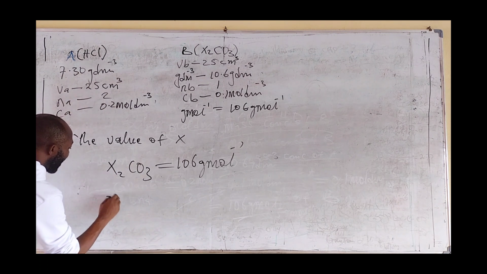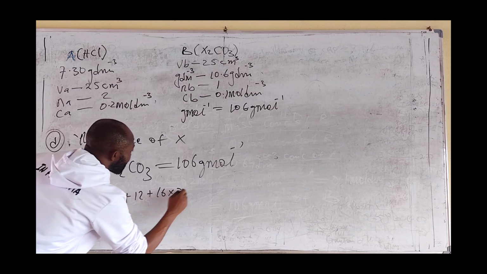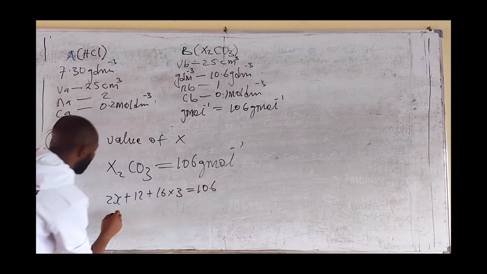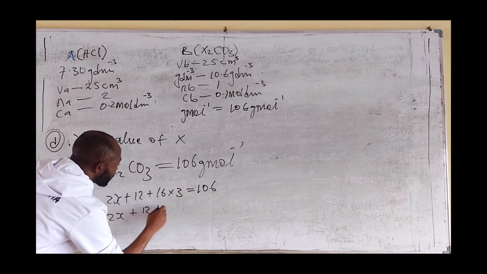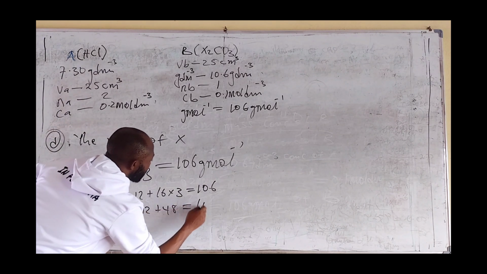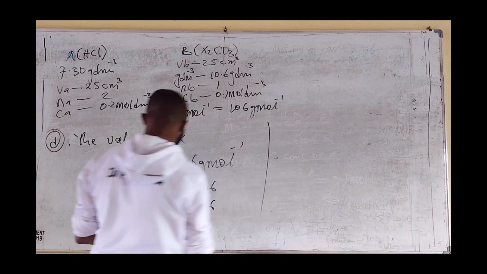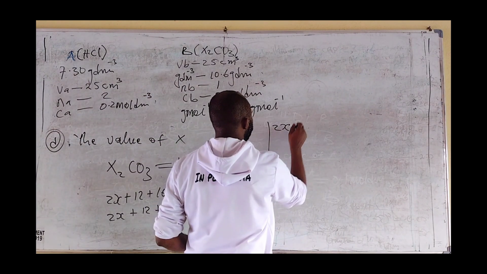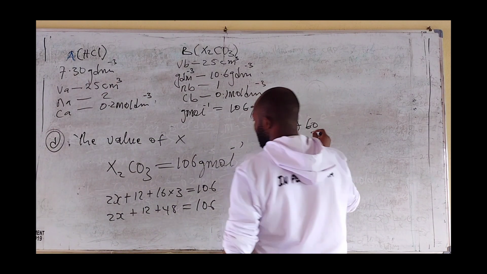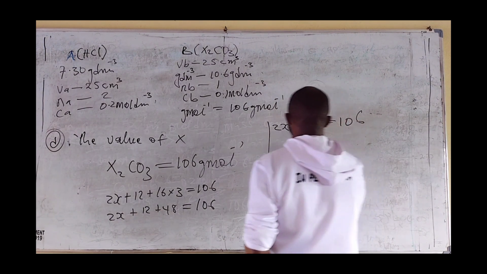So this is 2X plus 12 plus 16 times 3 is equal to 106. Now 2X plus 12 plus 48 is equal to 106. Okay, let me cross over here. 40, 50, 60. 2X plus 60 is equal to 106.